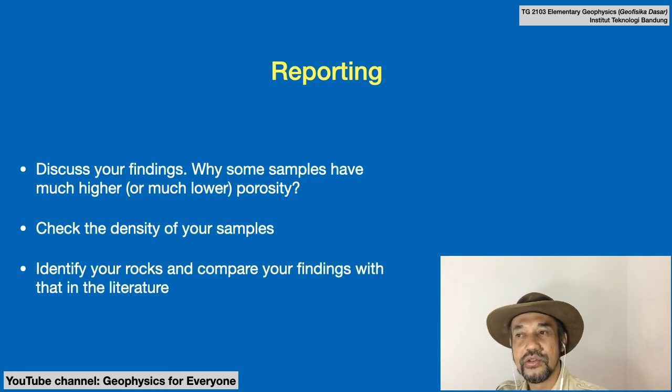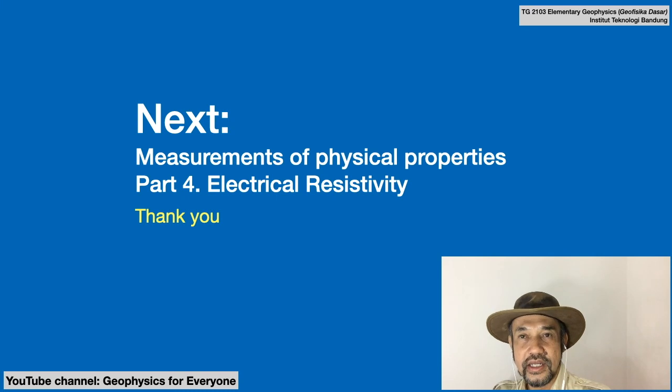And then the students are required to compare their findings with those in the literature. That's why it's important for the students to identify as best as they could and decide what type of rocks they are measuring. In the next video, we'll be talking about measurements of electrical resistivity.